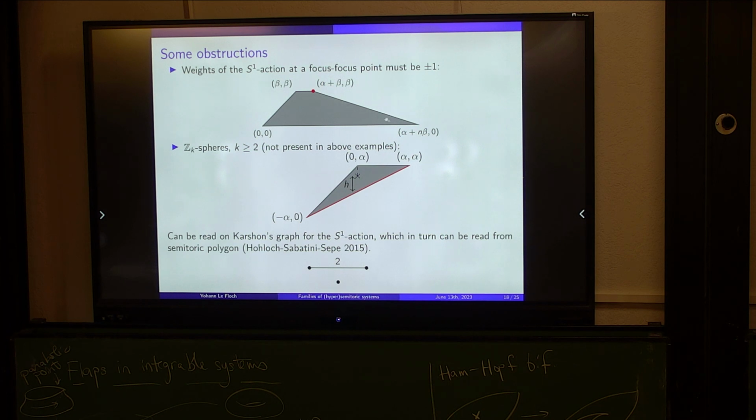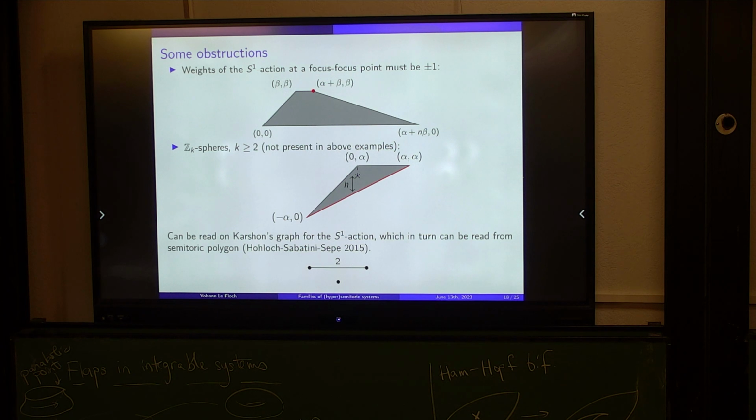So if n is bigger than something, well, this slope is 1 over something bigger than 2. And this slope, the denominator, will give you one of the weights of the point. So I don't know, it's n minus 1, or maybe here it's 3, or I don't know which n I put. So the weights of this point are not plus or minus 1. So this point can certainly never become focus-focus. It can certainly never enter inside, because it doesn't have a good weight. So weights are a property of the S1 action, so you cannot change them by changing the H.